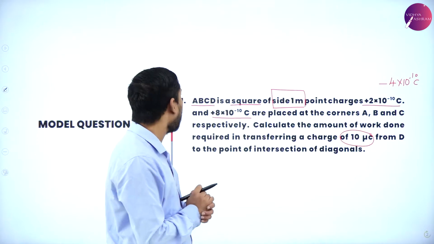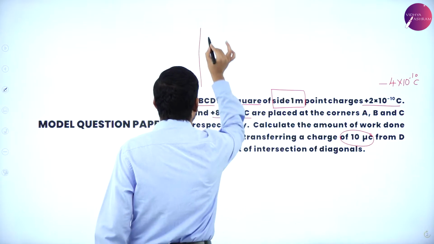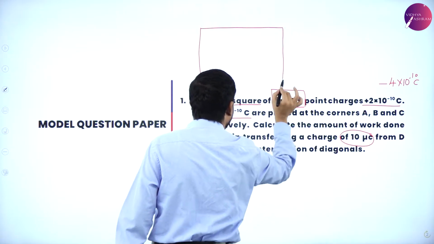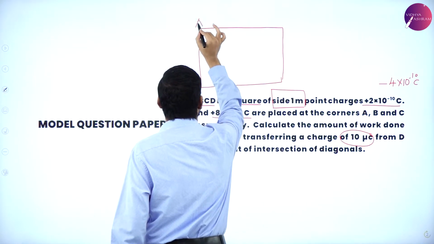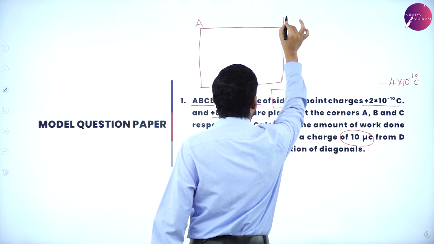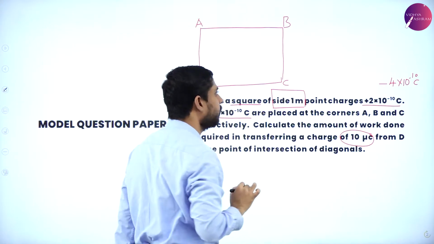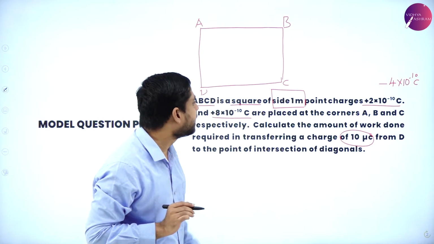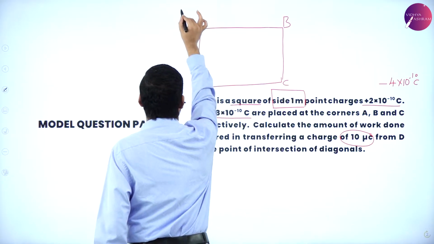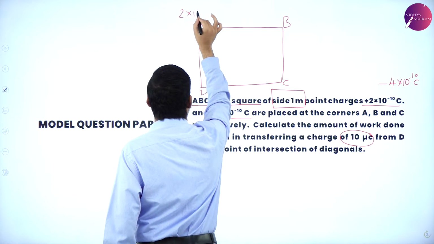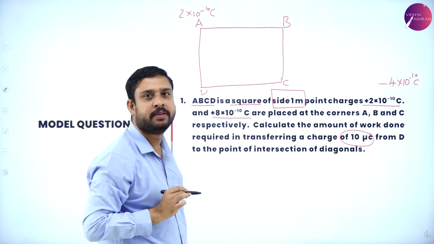So according to the problem, there is a square, what he calls A, B, C, D. Now the charge placed at A is 2 into 10 power minus 10 coulomb.